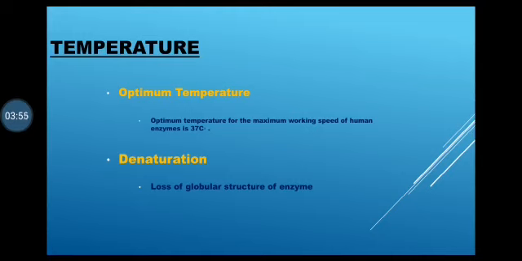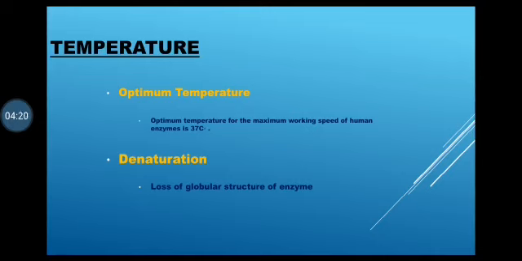Similarly, when we raise the temperature of the enzymes, their atoms or molecules also start to collide with one another, and temperature provides kinetic energy to those molecules, and then the enzymes give speed to that reaction.